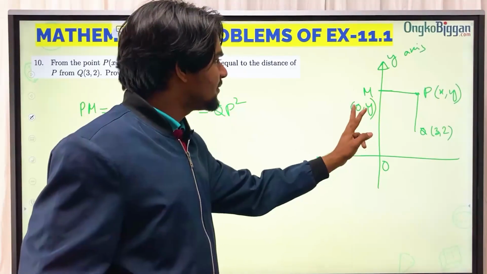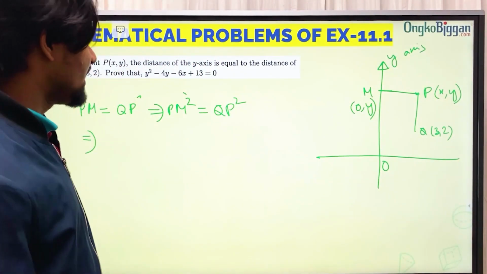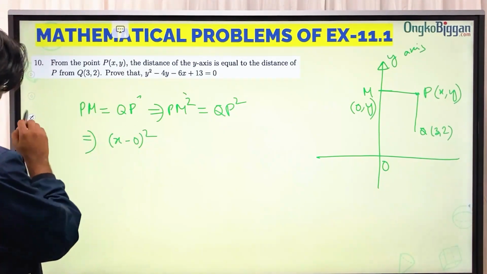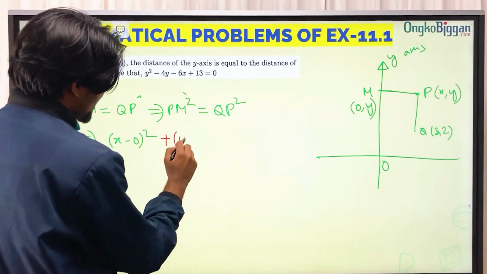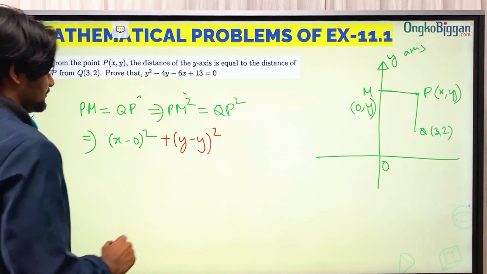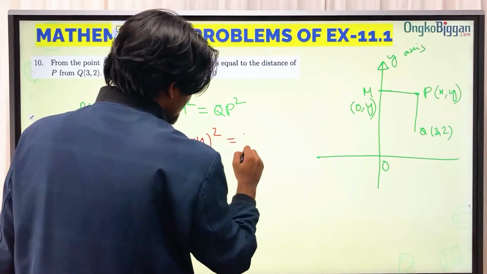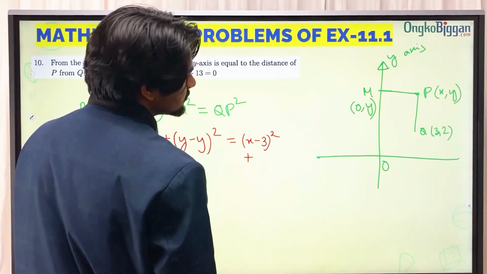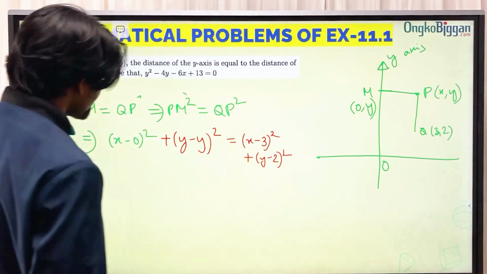P is (x, y) and M is (0, y), so it will be (x minus 0) whole square plus (y minus y) whole square, equal to (x minus 3) whole square plus (y minus 2) whole square.